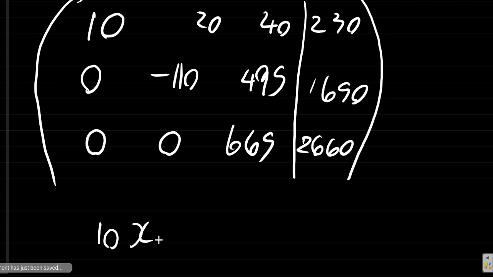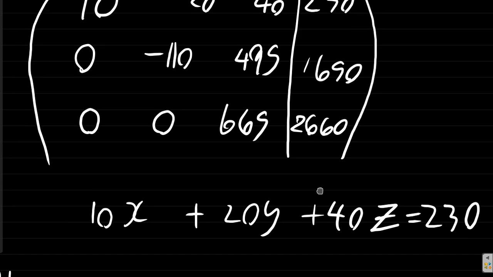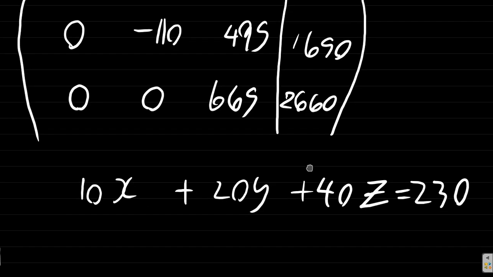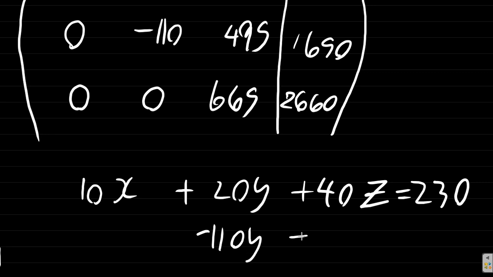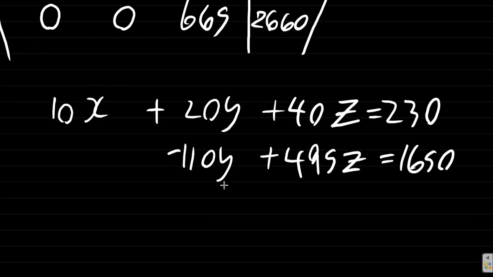So it is 10x plus 20y plus 40z equal to 30. Alright? So you have that. Then you have 0, we don't have to write the 0x, minus 110y plus 495z equals 1650. And then 0x and 0y, can leave those out. And we have our 665z equal 2660.